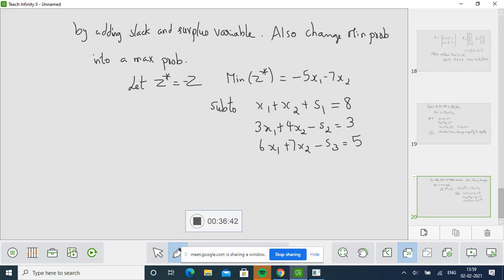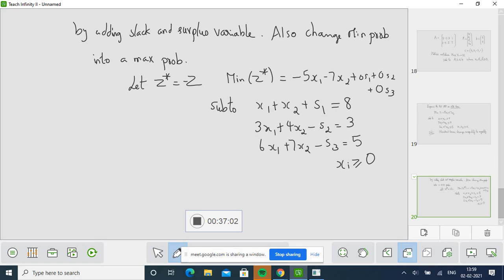Now for all these s1, s2, s3, I should add them in the objective function with cost 0. So here I will have plus 0 s1 plus 0 s2 plus 0 s3. I have all xi greater than or equal to 0.